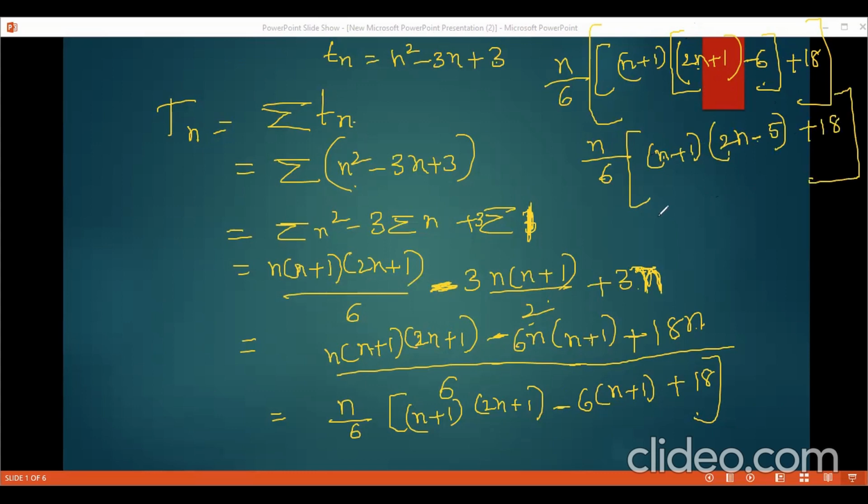Yes, understood? Now, if you go like this, n by 6 into 2n square plus minus 5n plus 2n minus 5 plus 18. You are getting, okay?